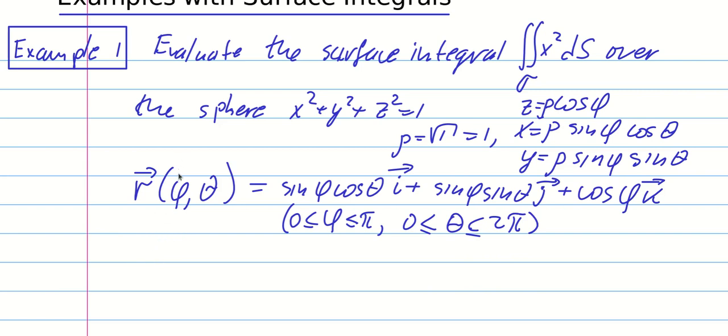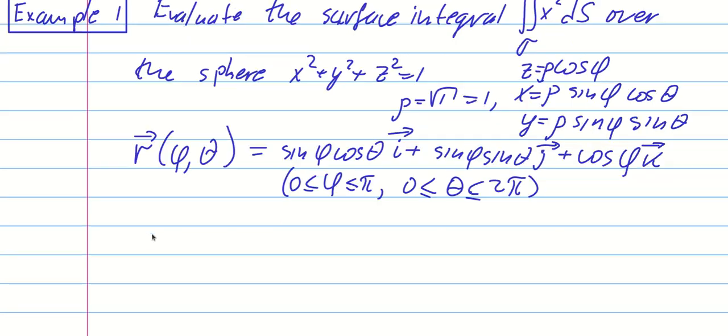So this plays the role of u, this plays the role of v, and we need to calculate the partial with respect to the first variable first, so dr d phi. What do we get?